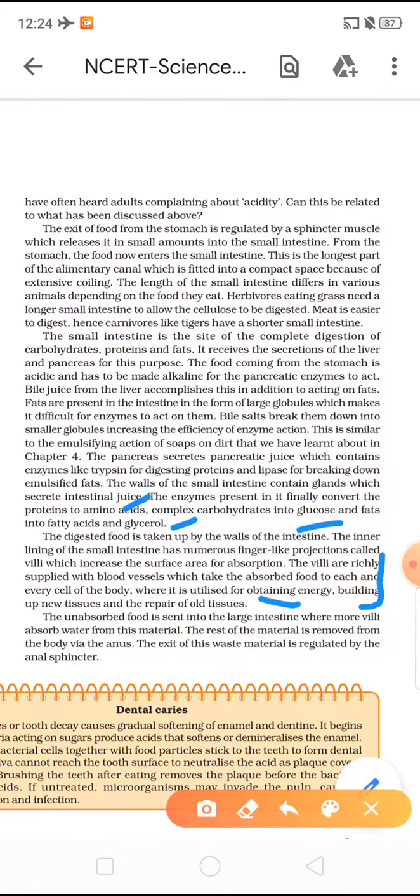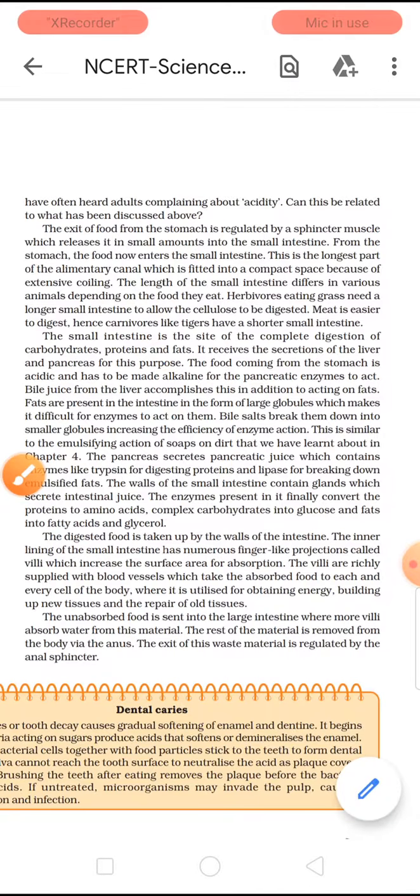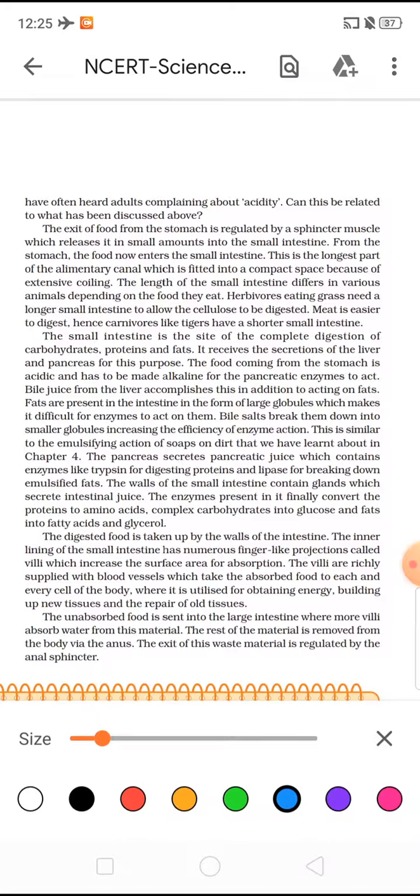So we are utilizing it. And how can we utilize it? When we are supplying all these components, amino acid, glucose and fatty acids, into each and every cell, we have to transport them. So how will we transport them? With the help of blood vessels.